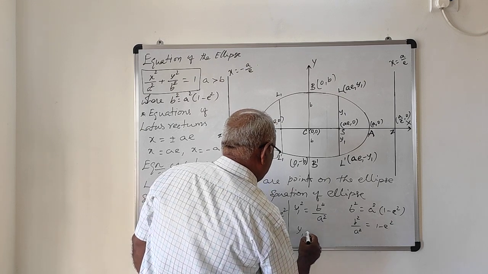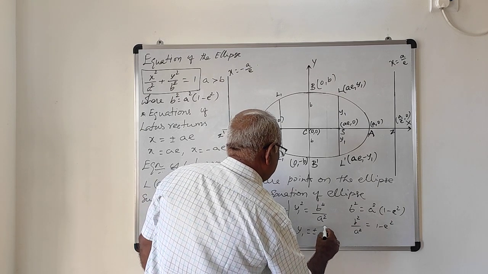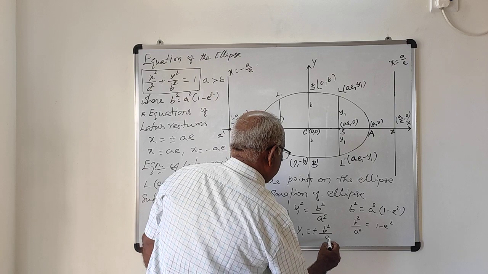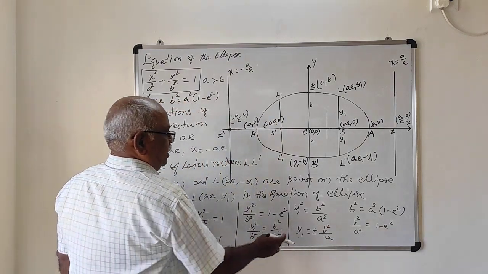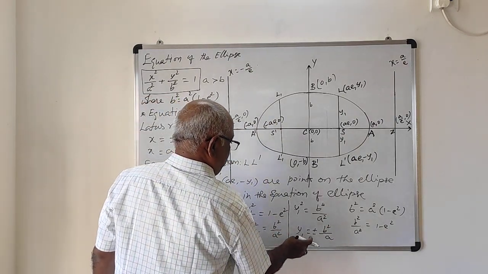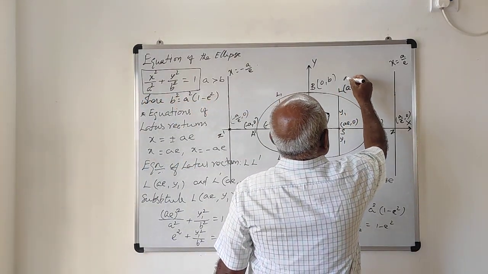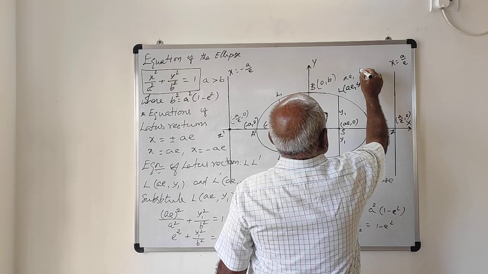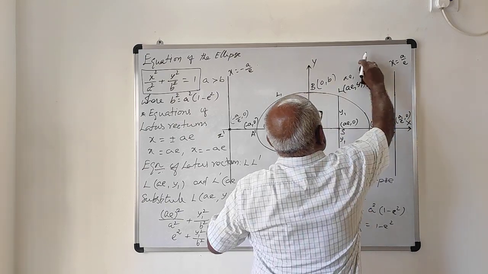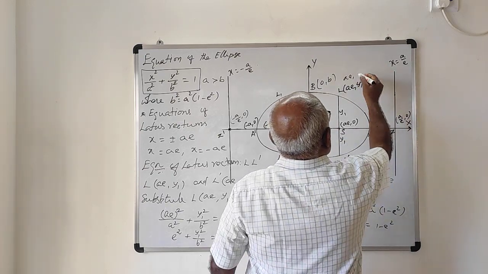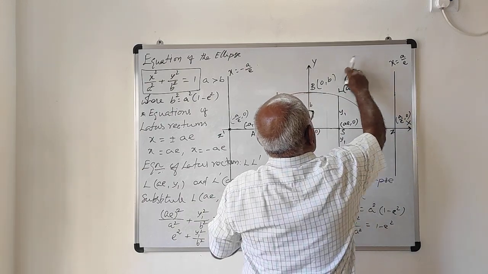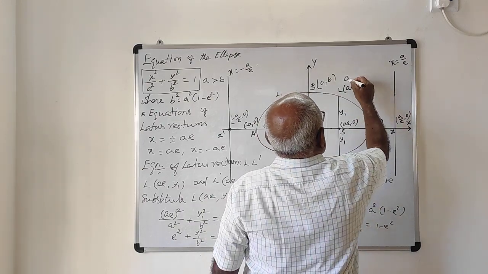So y1 equal to plus or minus, taking the square root, B square by A. So y1 is B square by A and minus B square by A. One endpoint of the latus rectum is AE comma B square by A, the positive value.